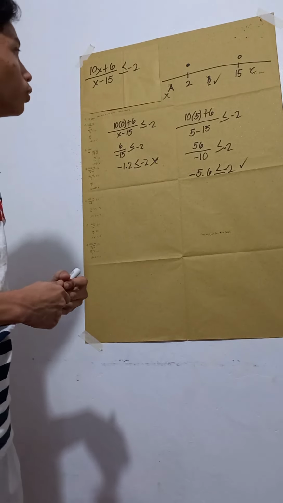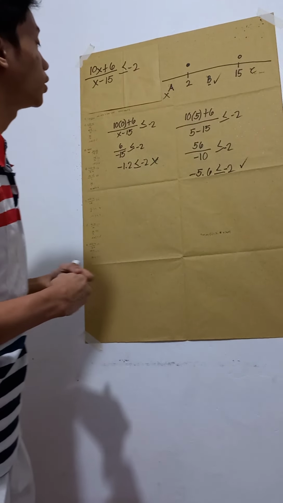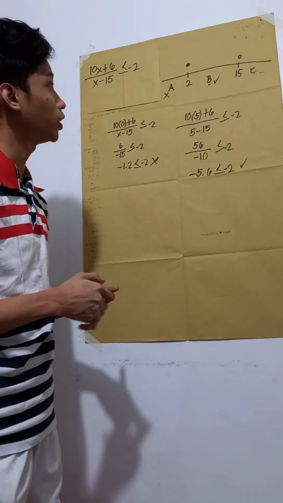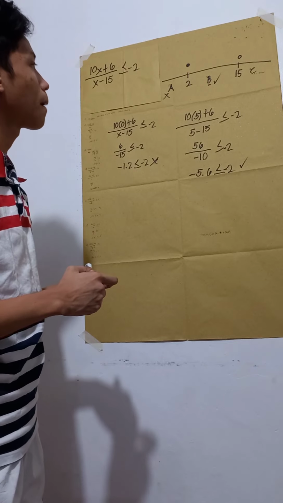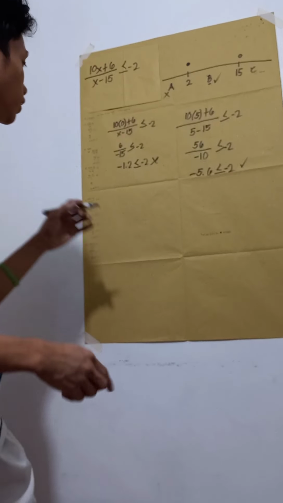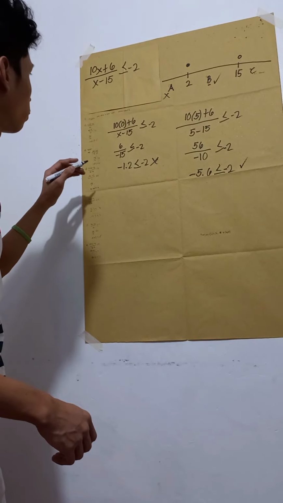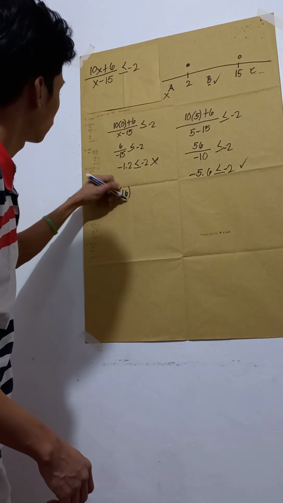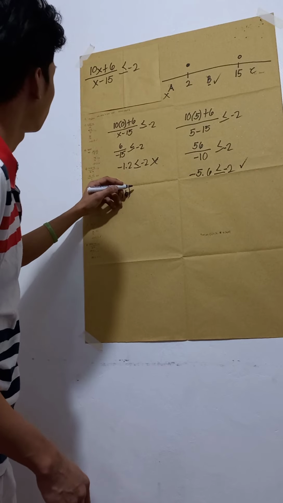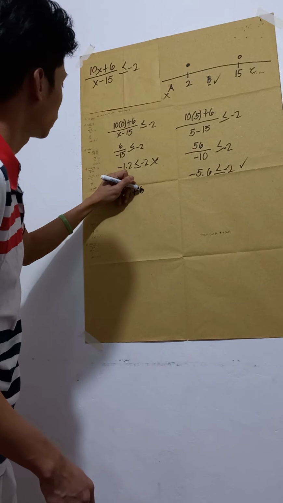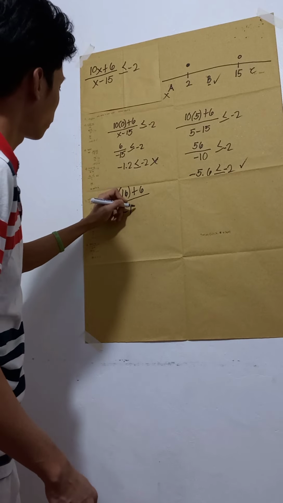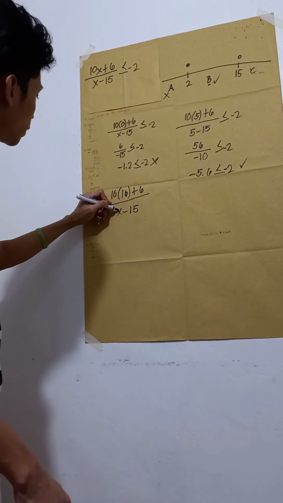Now, we're going to move on to the C interval. We're going to get a number in the C interval, which is 16. So that would be 10 multiplied by 16 plus 6 over x minus 15. I forgot, sorry. Replace x by 16.